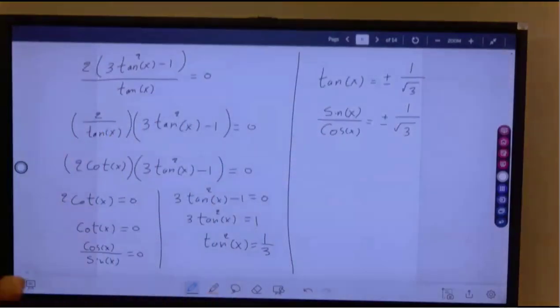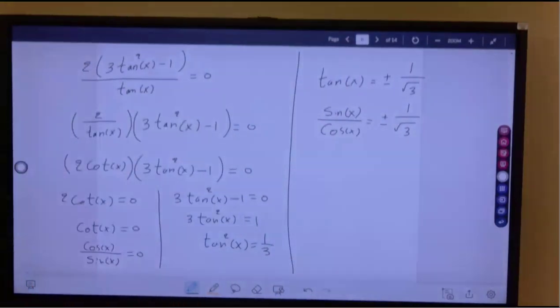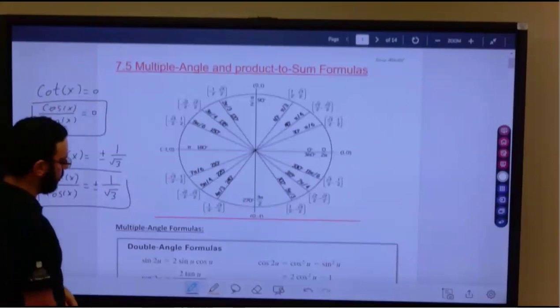I'm going to check that by going back to the circle to find the solutions for these angles. Finding the angles. So let's go back to the circle, and we know the cotangent equals 0. That means cosine over sine should be equal to 0. So cosine divided by the sine should be equal to 0.